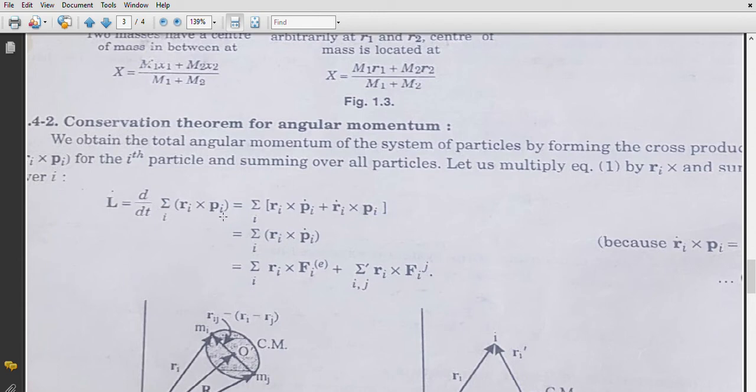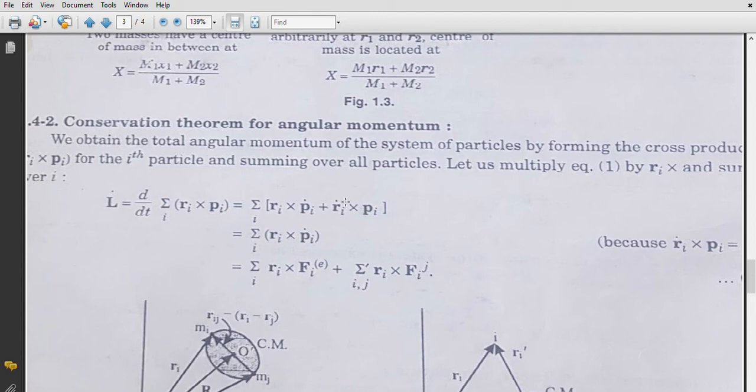Opening this expression, differentiating it, I get ri cross pi dot plus the differential of the first term, that is ri dot cross pi. Here the second term, ri dot cross pi, is 0, because we know that p is the linear momentum and linear momentum has a value equal to mv. V means ri dot.